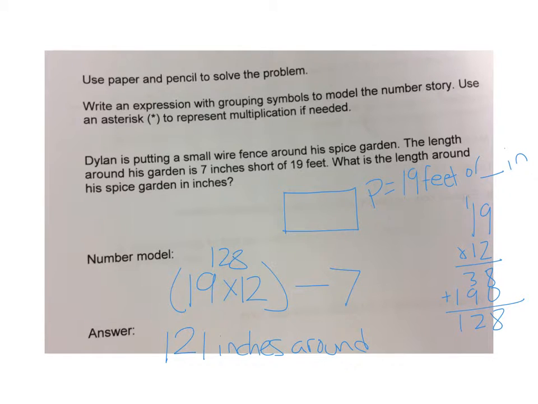Now that I'm writing this, I'm asking myself, does that make sense? And I know that 12 times 11 is 132, so how could this have come out to 128? I'm going to go back and look at my work.